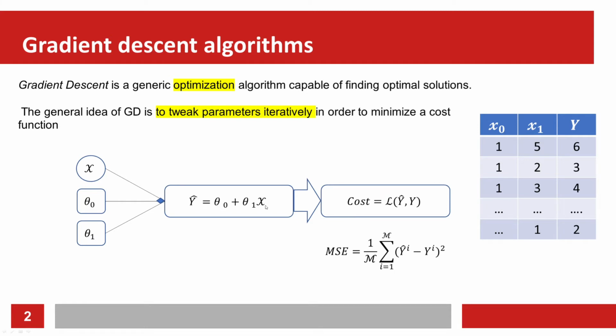Now, if you have multiple variables, for example x1, x2, x3, x4 up to x10, and you try to predict the y column, all of these parameters theta will be initialized randomly and we compute the cost.